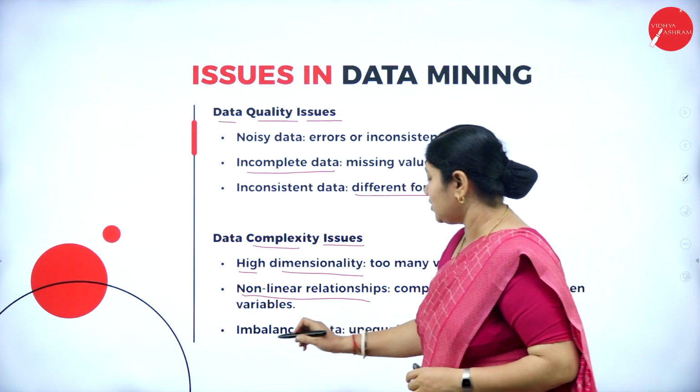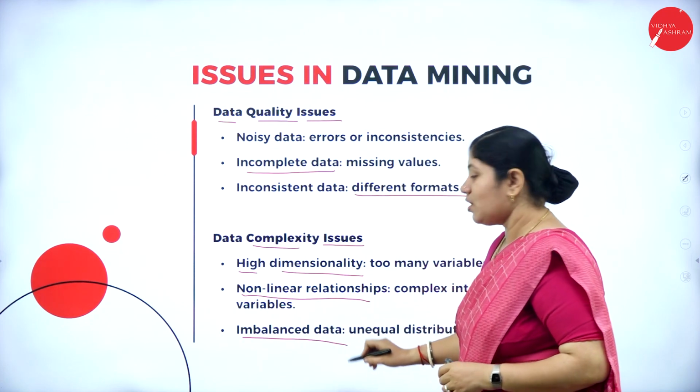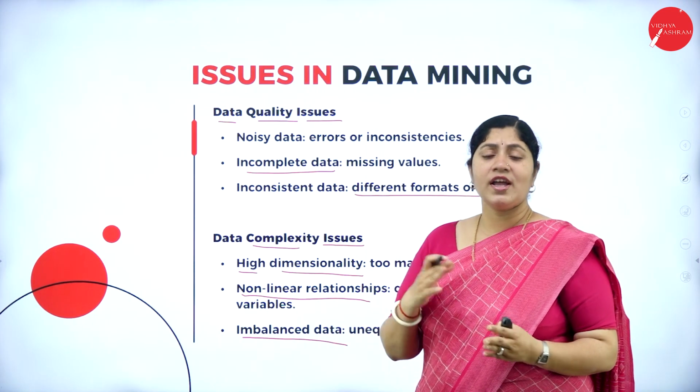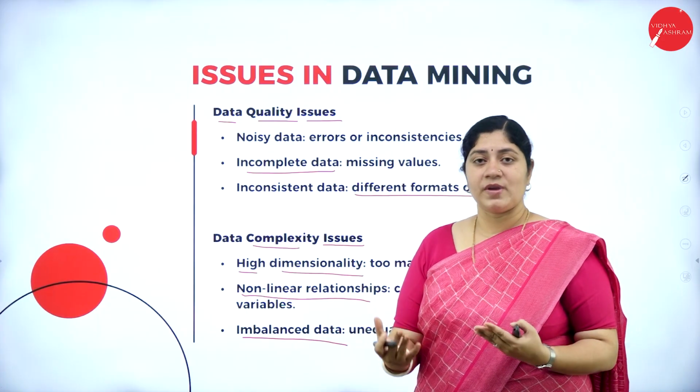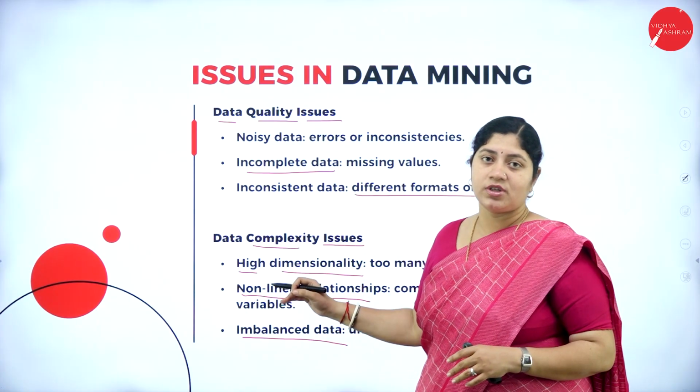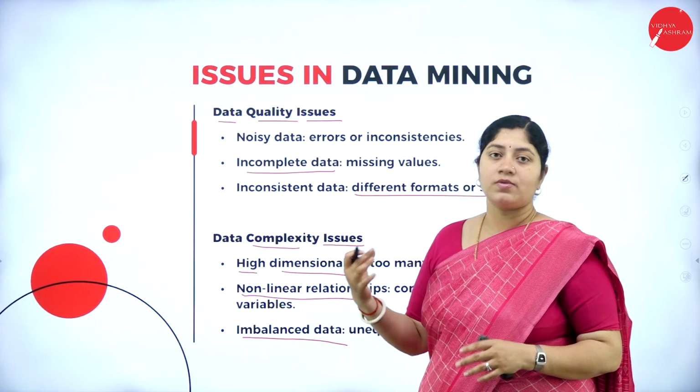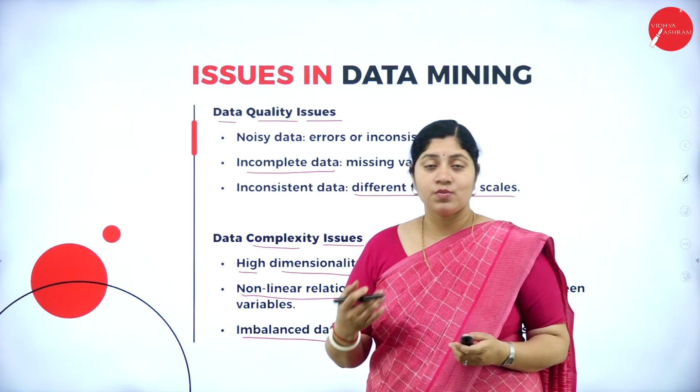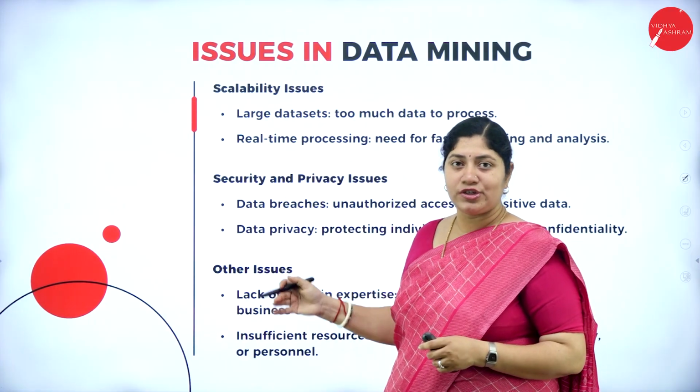Further, the last one is imbalanced data, which is caused by unequal distribution of information. So these are the key issues found here. Let's move forward and see the rest of the issues.